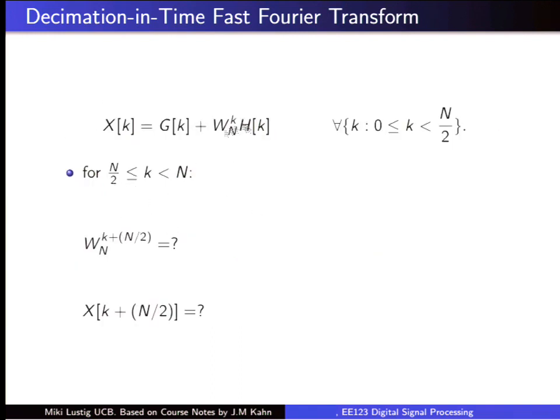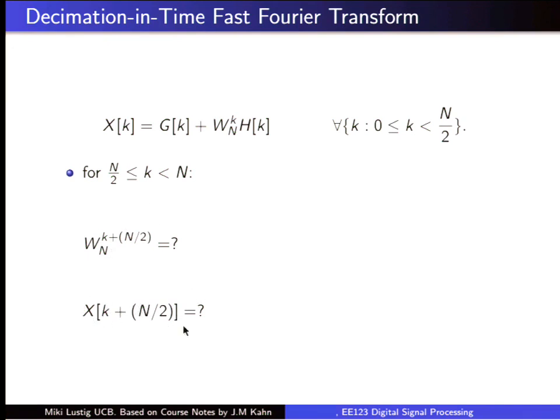First of all, we need to know what this factor is for the second part. If you think about it, it's n over 2 less than k less than n, so it's really k plus n over 2. If you add n over 2, you get the second part. And what about x? There are two things that we need to understand.